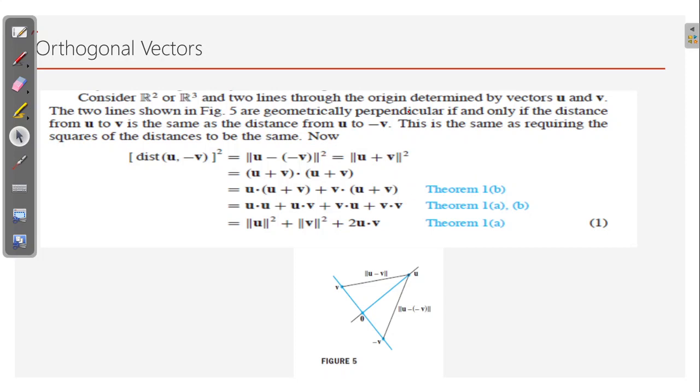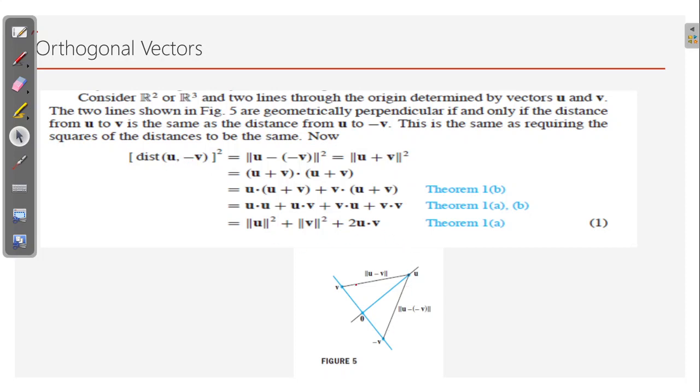Now first of all, we are taking the square of the distance between u and minus v.